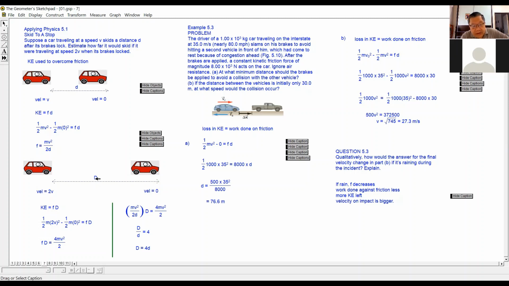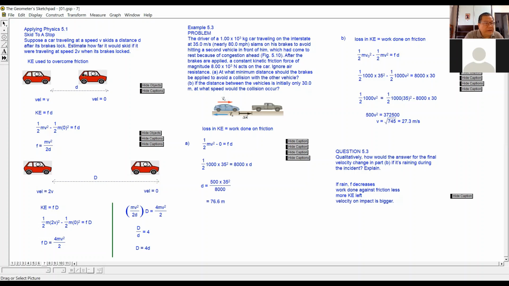So I call it capital D first, and try to find the relationship between capital D and small d. We relate them by the kinetic energy and the work done against friction.